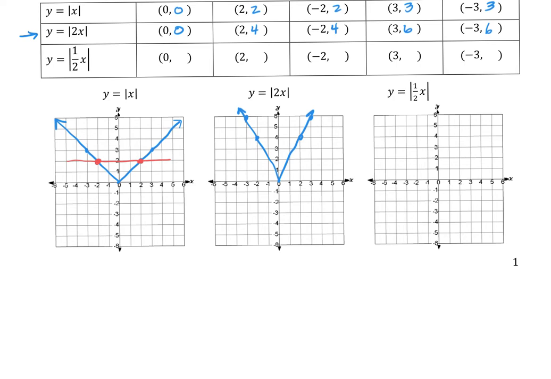Let's look into the graph that we had when we multiply x by 2. So again, the y value is 2, but look at our x values: 1 and negative 1. So we've actually taken our original x values of 2 and negative 2 and multiplied them by 1/2. Not 2, but by half. So we shrunk it in by half.